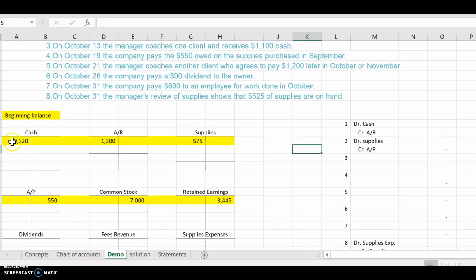On September the 30th, we close everything. We summarize everything. We find out that, for example, cash has $9,120 in it. What does that mean? That means you have $9,120 of cash to spend in the future as of the date of September the 30th.